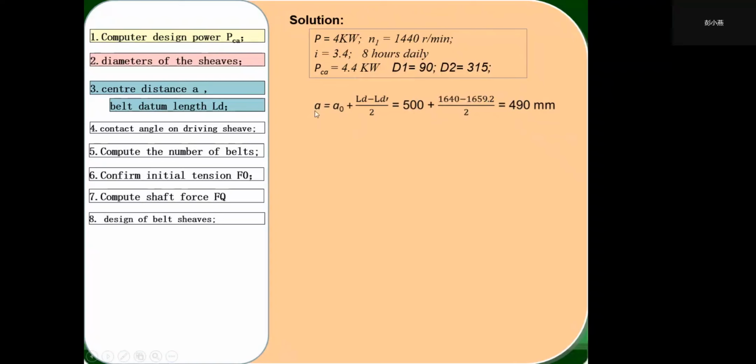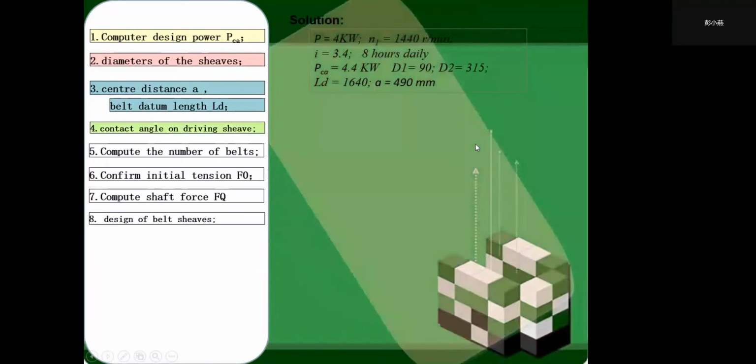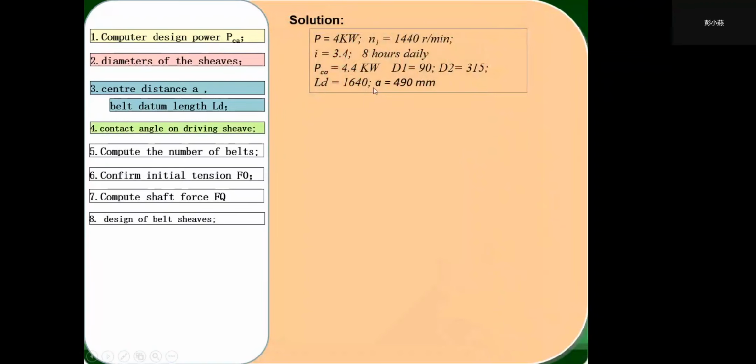Then we calculate the actual center distance A, which is 490 millimeter. Okay, and then below that we calculate PCA, select D1 and D2, select LD and calculate the center distance A. And then we should check the selection.